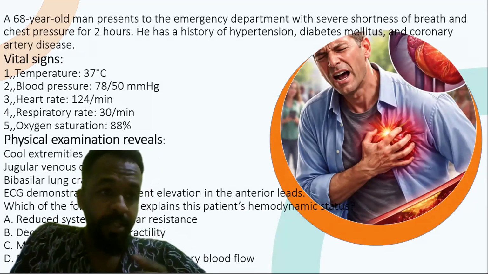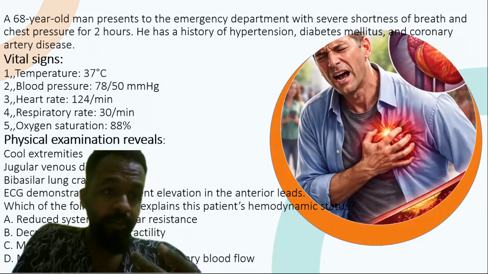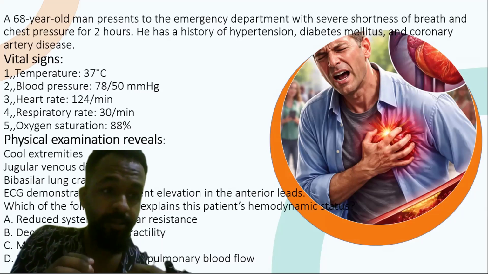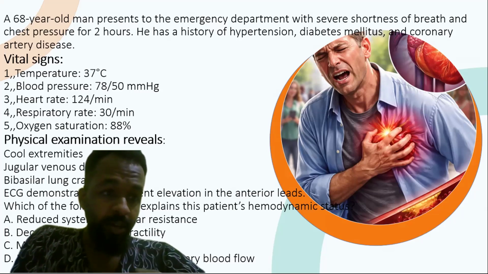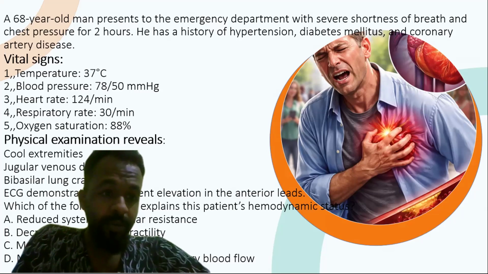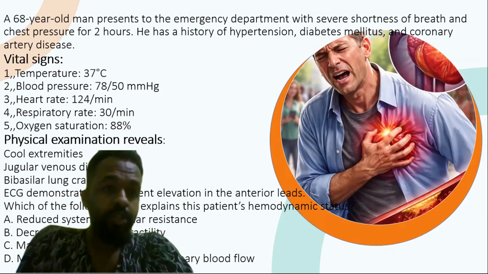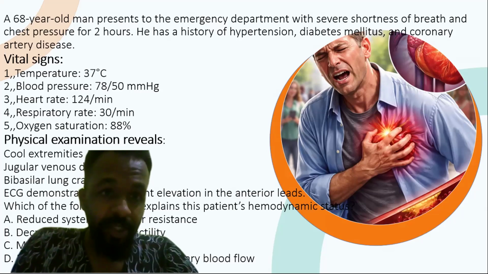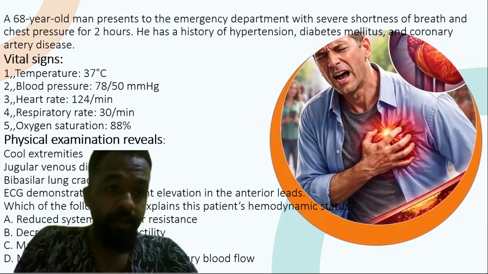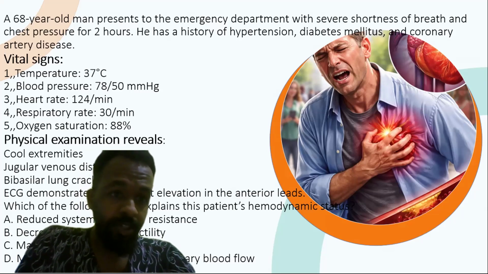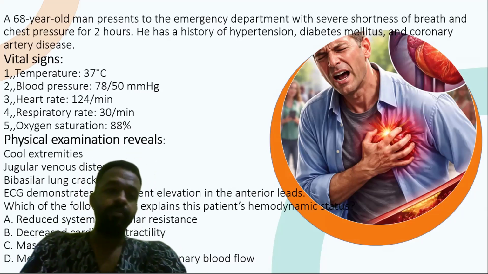Physical examination reveals cool extremities, JVD, and lung crackles. ECG demonstrates ST segment elevation in the anterior leads. So the question is, which of the following best explains the patient's hemodynamic status? Reduced systemic vascular resistance, decreased cardiac contractility, massive fluid loss, or mechanical obstruction of pulmonary blood flow.